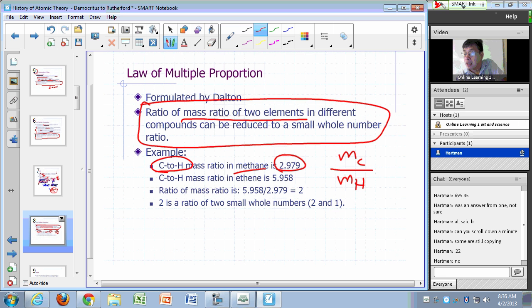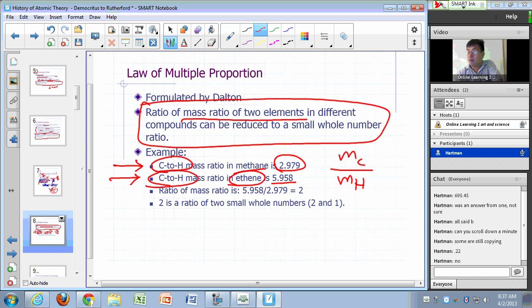If you have another compound that's also made up of carbon and hydrogen, and that compound, let's say, is ethylene or ethene, and you were to go to the lab and figure out the carbon to hydrogen mass ratio, you'll find that it's 5.958. So I have a ratio of carbon to hydrogen in methane, a ratio of carbon to hydrogen in ethene.